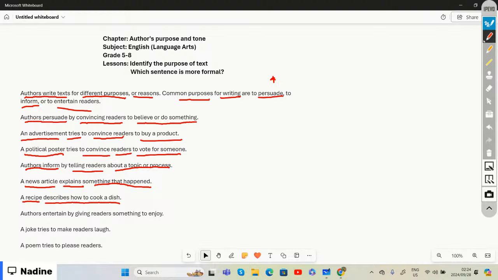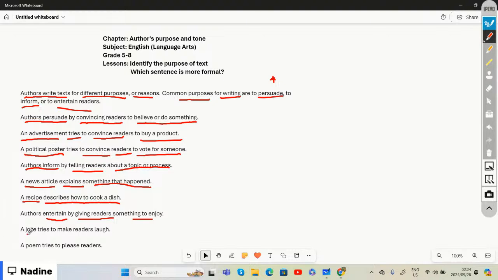Almost there. Soon, just give us this three, and then we're going to our test. Authors also entertain by giving readers something to enjoy. Sometimes you'll sit and read something and you'll just end up laughing because of how entertaining the text is.